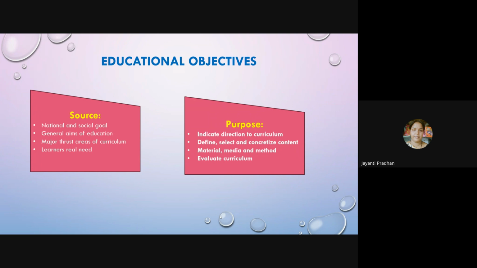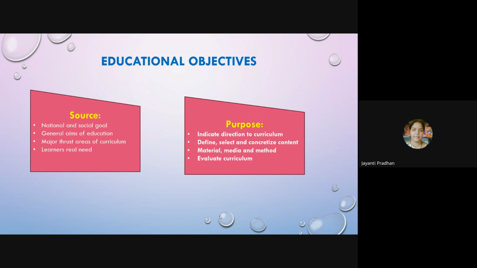In the NEP 2020 or NPE 1986, National Policy on Education 1986, you can see that the aims of education are defined there. The national goals are also defined, then the aims of education are defined there. What is the aim of education at that particular time? That is defined, and on the basis of that we are formulating the objectives.